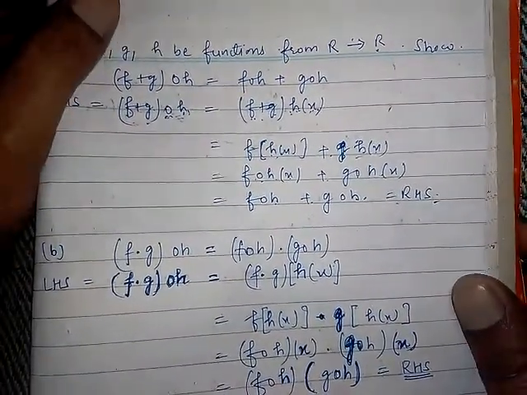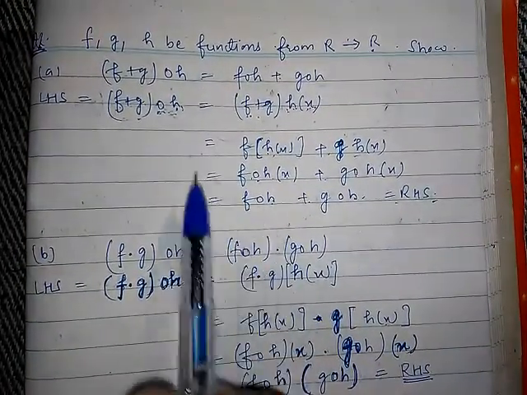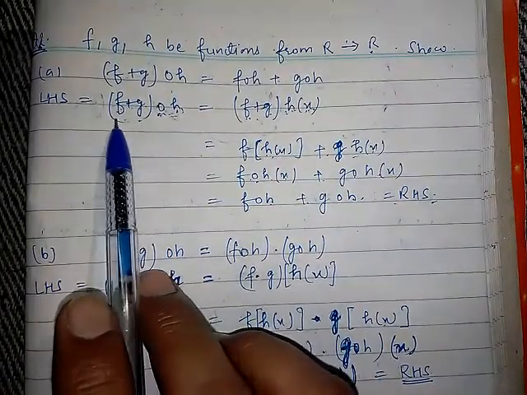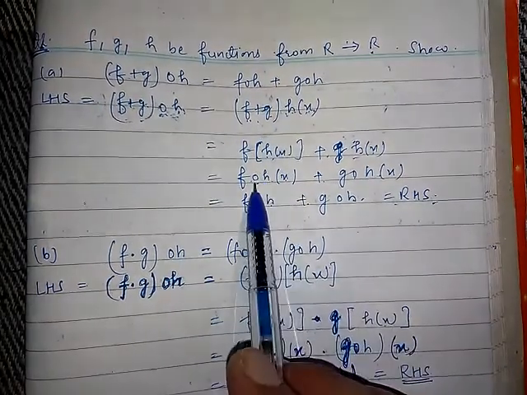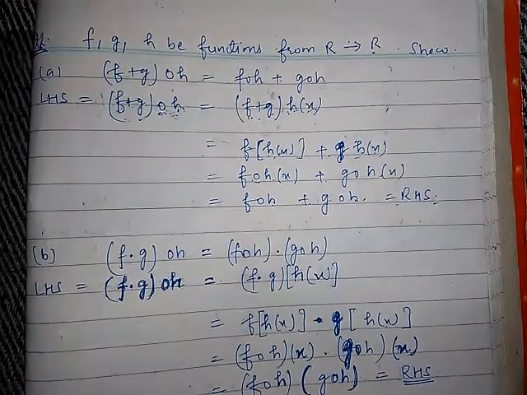This is all related with the writing skill only. You just learn how to write down this (f plus g) o h, how to remove this o, and how to introduce the o. That depends on you and that will come with the practice only.